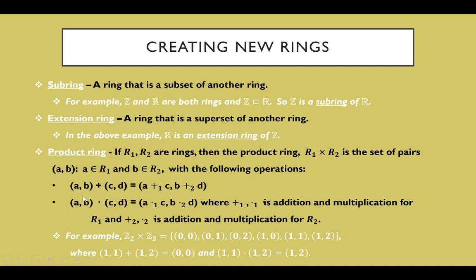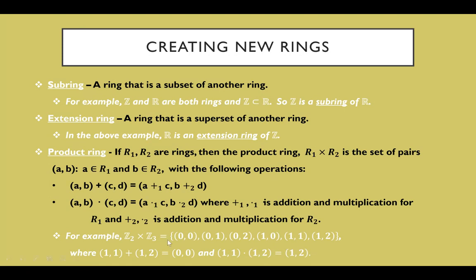If we're going to add two elements in this product ring, then for the first elements, we will use addition as defined by the first ring, and adding the second elements, we'll use addition as defined by the second ring. And then similarly for multiplication.